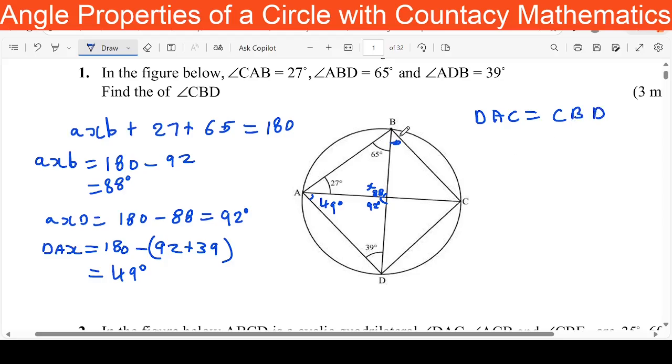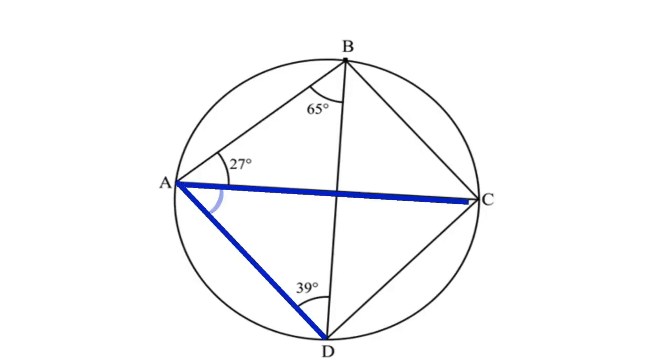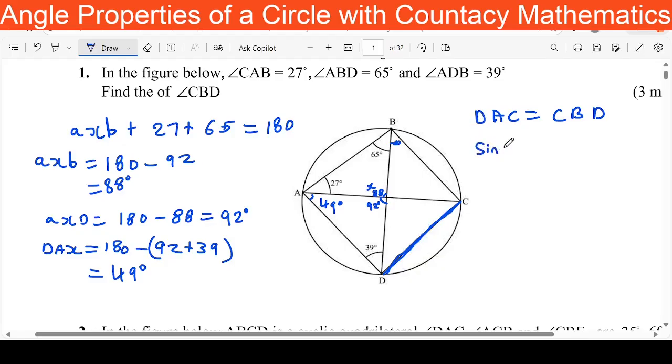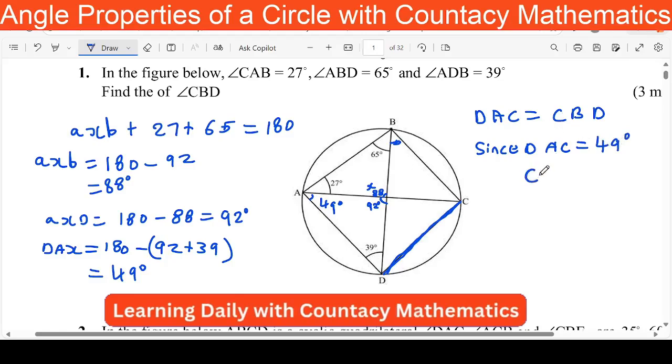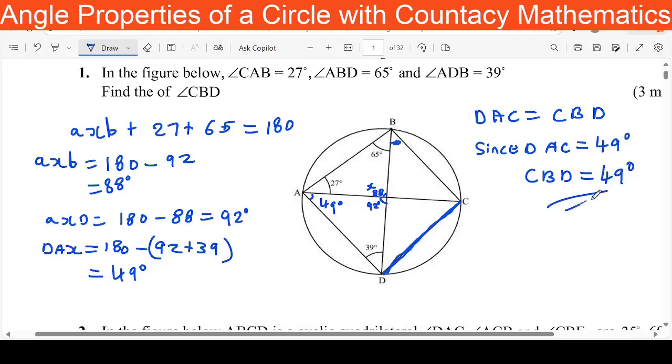This is because this angle and this angle over here are using the same chord, and that is DC. So we can say that since DAC is equivalent to 49 degrees, therefore that would imply that CBD is equivalent to 49 degrees, and that is what you are supposed to find, and that is the right solution for that.